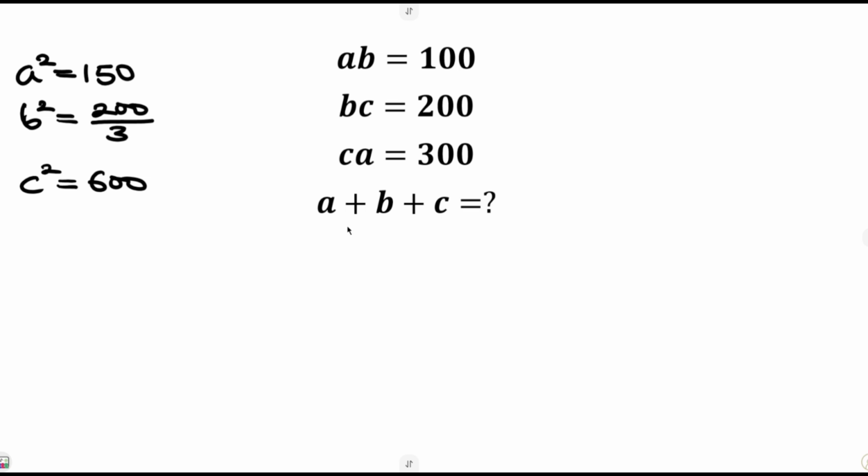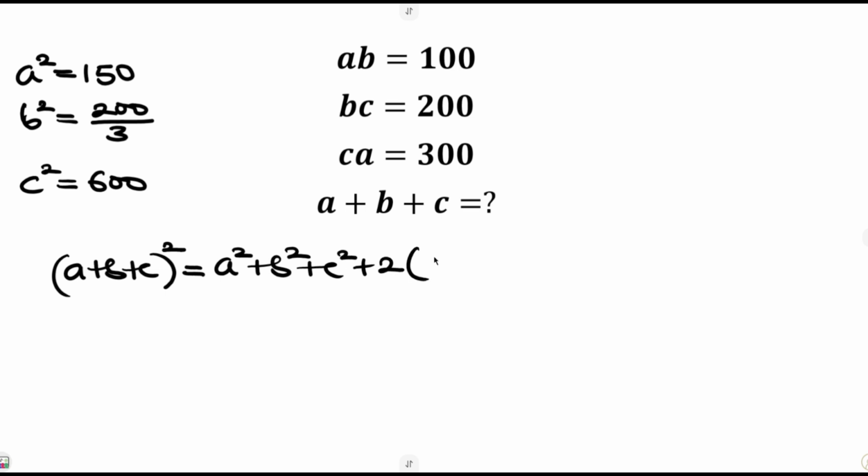Now, in order for us to get a plus b plus c, we're going to be making use of this identity. a plus b plus c all raised to the power 2 is equal to a squared plus b squared plus c squared plus 2 times ab plus bc plus ca. Now let's substitute here.